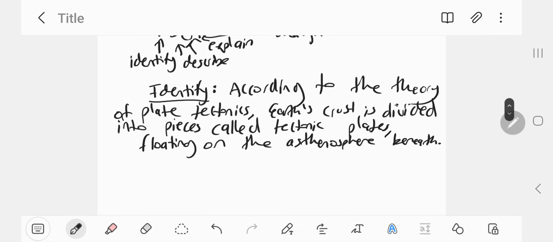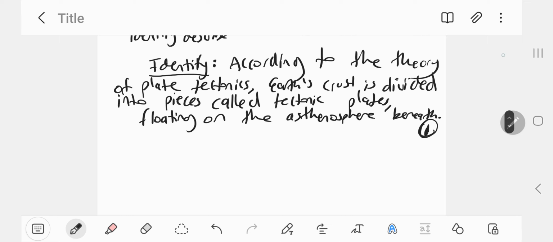Okay, so that's 1 mark there. So I'll put a 1 and a circle around it. So that's where the mark would go.